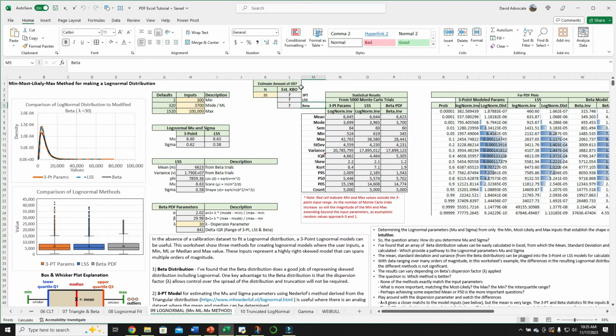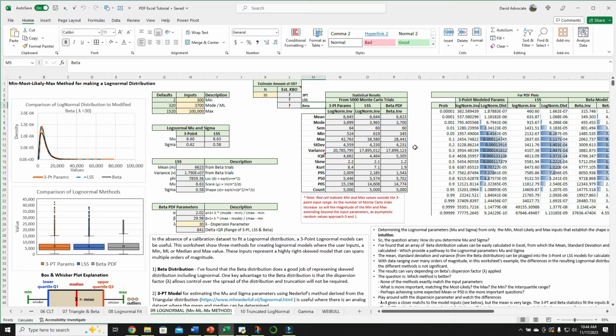This Excel worksheet shows how to solve for the field size distribution, or any log-normal distribution for that matter. Firstly, consider that determining the log-normal parameters, mu and sigma, from only the min, most likely, and max inputs is not intuitive. So the question arises, how do you determine mu and sigma?